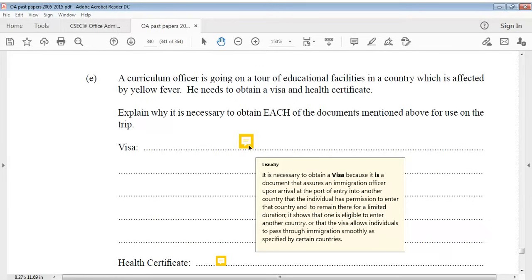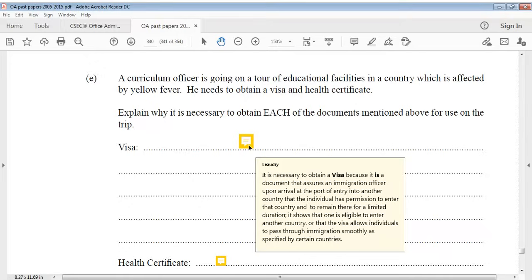It shows that one is eligible to enter another country, or that the visa allows individuals to pass through immigration smoothly as specified by certain countries.